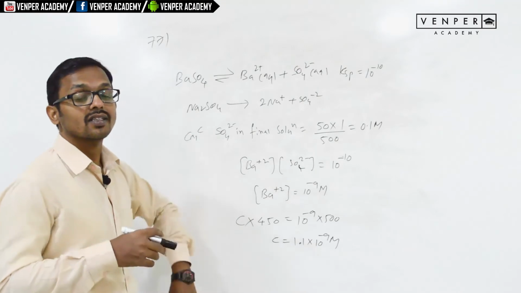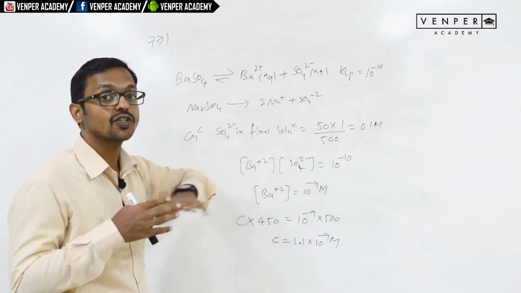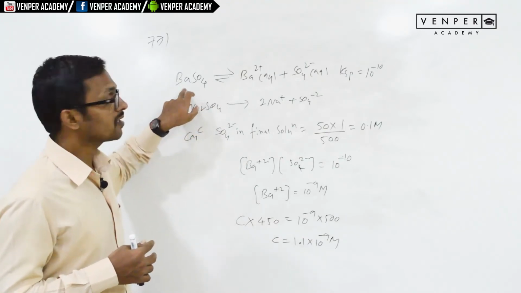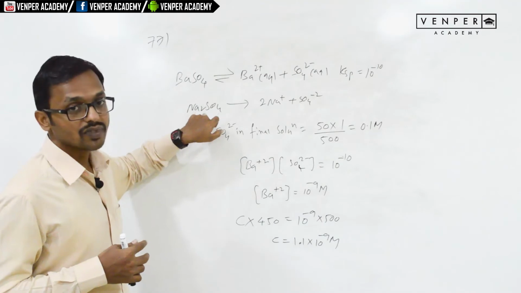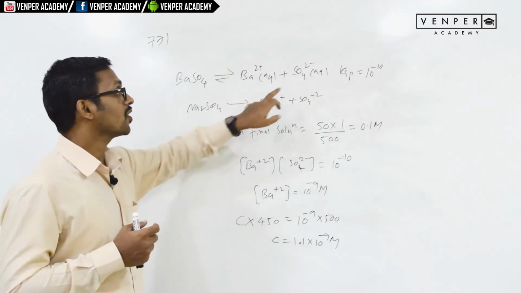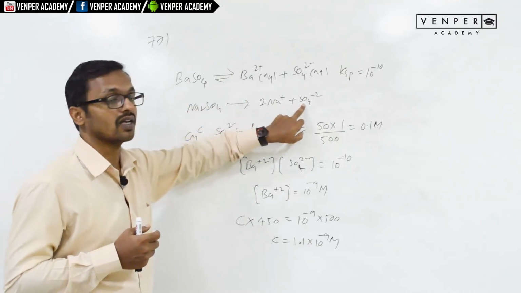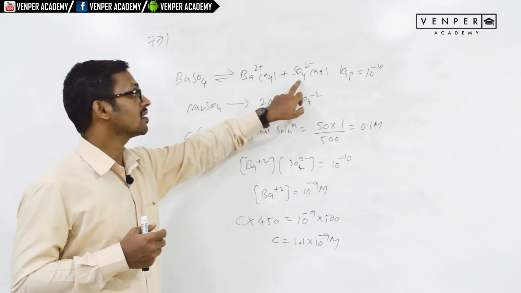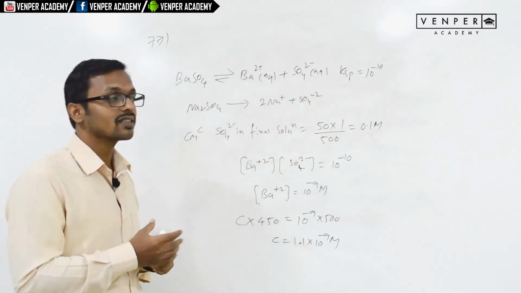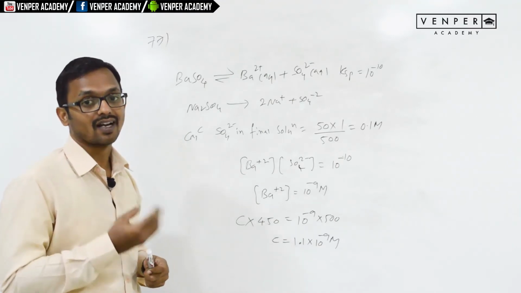As a result, the final concentration of the sulfate ions in that solution is due to the strong electrolyte, not due to the barium sulfate, because the dissociation is suppressed by the presence of sulfate ions. So the sulfate ion concentration produced by the barium sulfate is very less, and the sulfate ion produced by the sodium sulfate is very high.